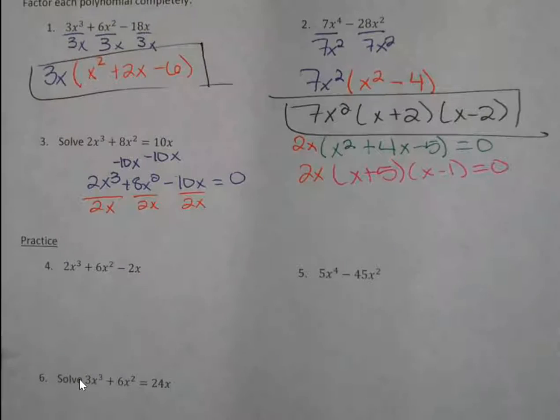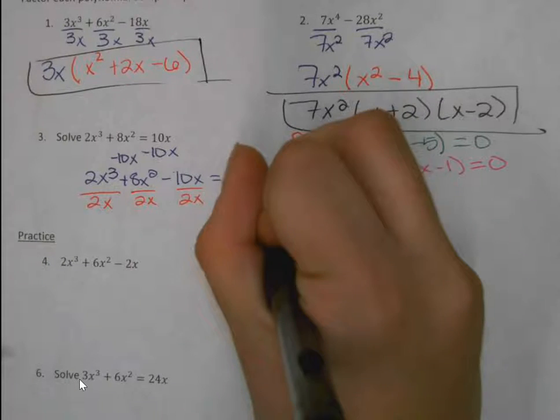Because this one equals 0, what do I want to do? Set it equal to 0. So I take each of the pieces and I set them equal to 0.